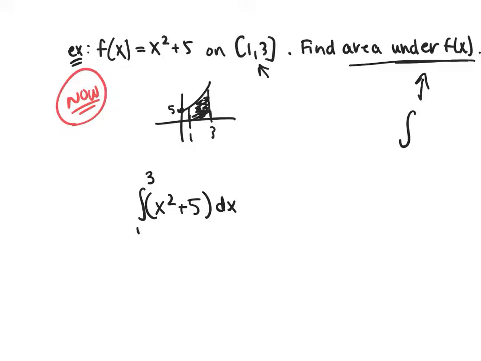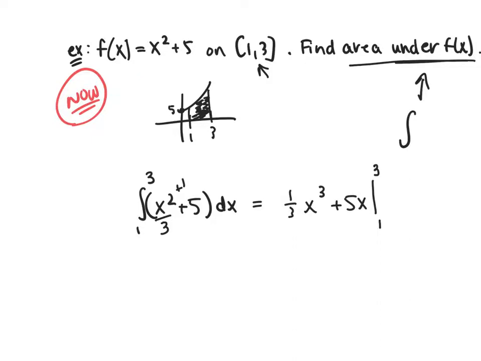And all we have to do is integrate it and then evaluate it between 1 and 3. So in integrating this, I'm going to add 1 to the exponent and then divide. So I have 1/3 x to the third. And when I add 1 to x to the 0 power, I just get x to the first. And I don't have to put the plus c, because instead I'm going to evaluate this between 1 and 3.